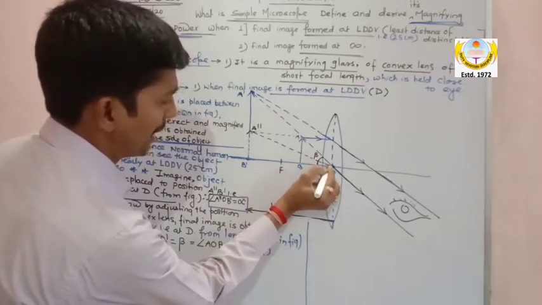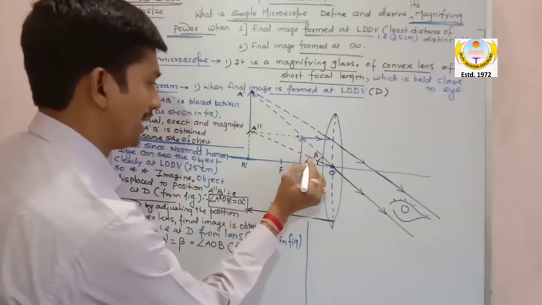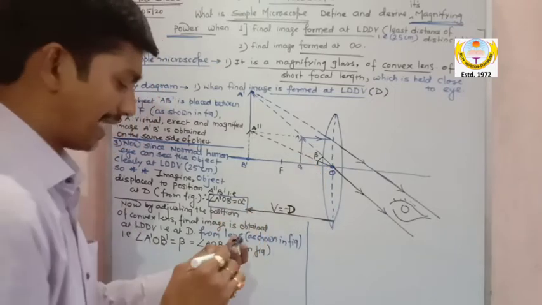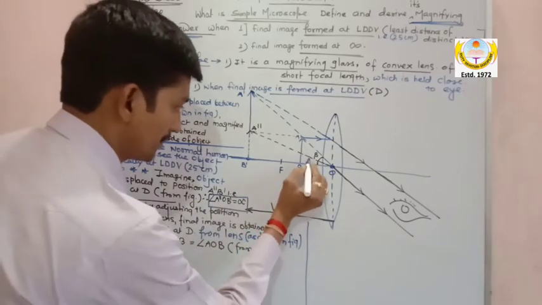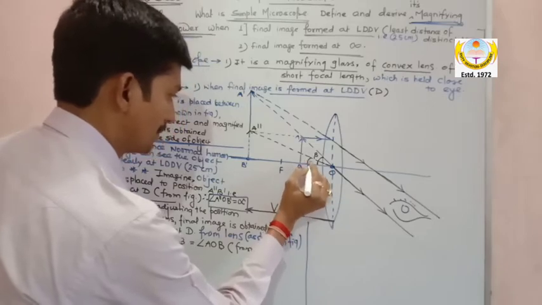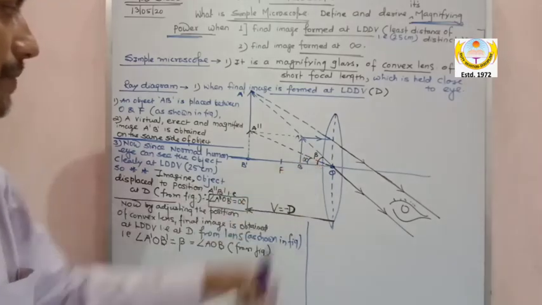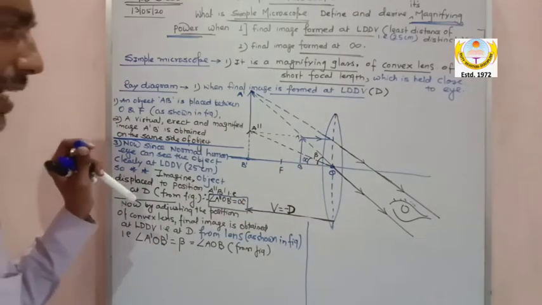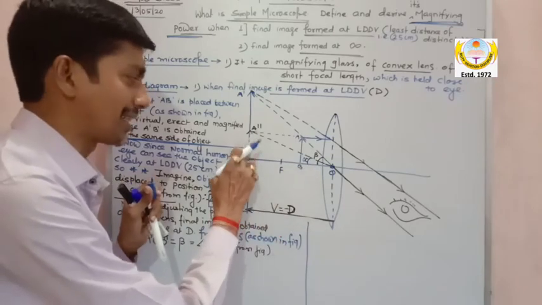Now the object makes an angle at the lens, and let that angle be denoted by alpha.